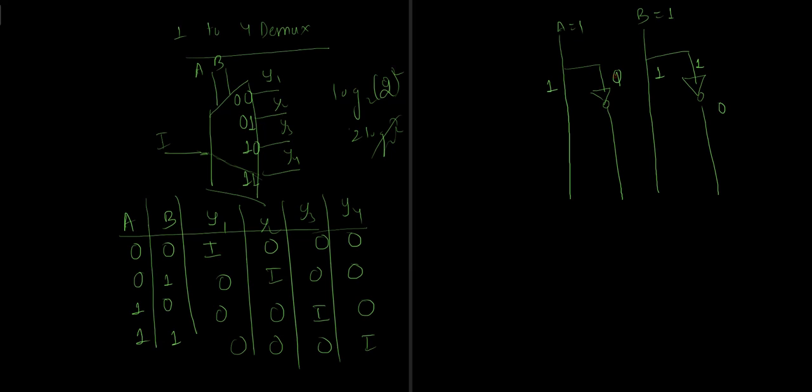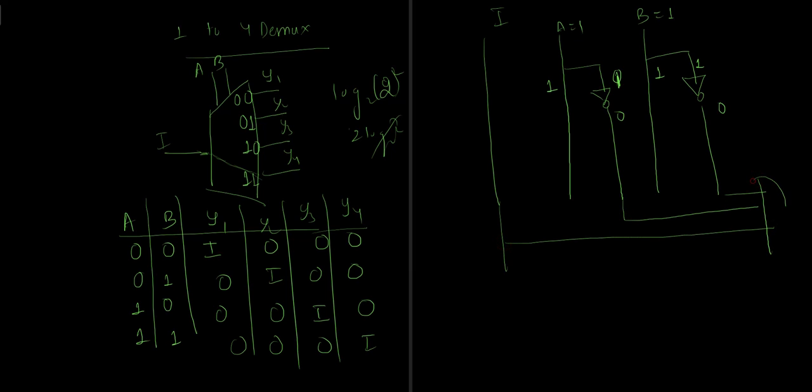I is my input. If A is 0, B is 0 and I, they will be connected to an AND gate and the corresponding output will be y1.